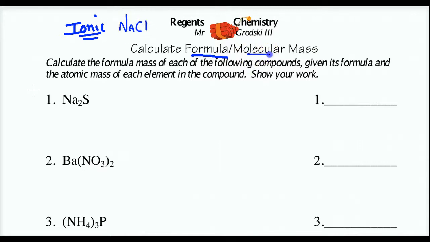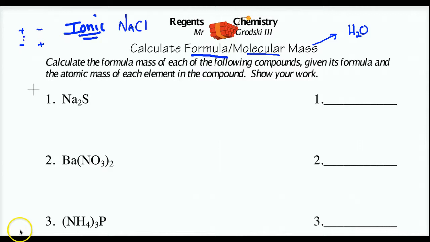Whereas a molecular mass, you have molecules, and these are things that have definite shape and definite number, whereas an ionic compound makes these crystal lattices that are in 3 dimensions from the ions. So you also hear gram formula mass, gram molecular mass, and if it's an atom, you'll hear the word gram atomic mass.